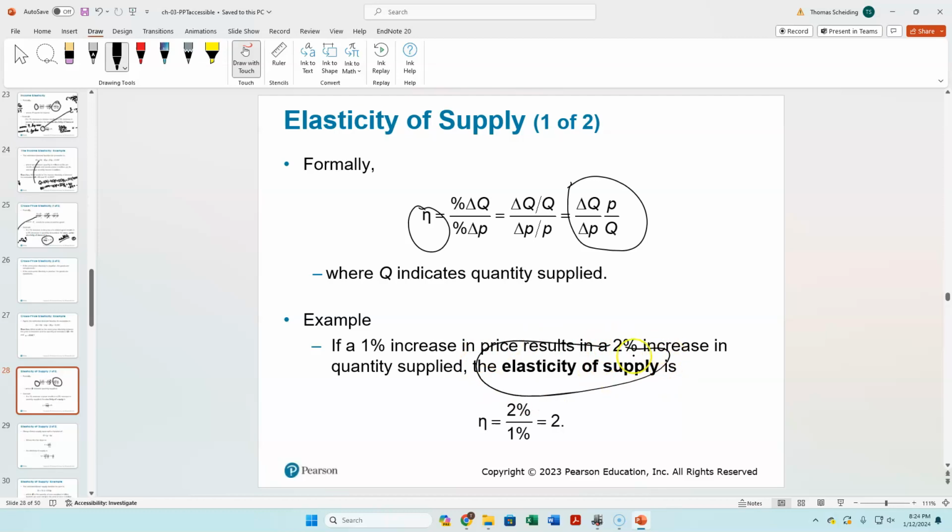By its very nature, elasticity of supply is always positive. It's always positive because of the nature of the supply curve being upward sloping. Right? It's either price is going up, quantities supplied is going up, or price is going down, quantities supplied is going down.